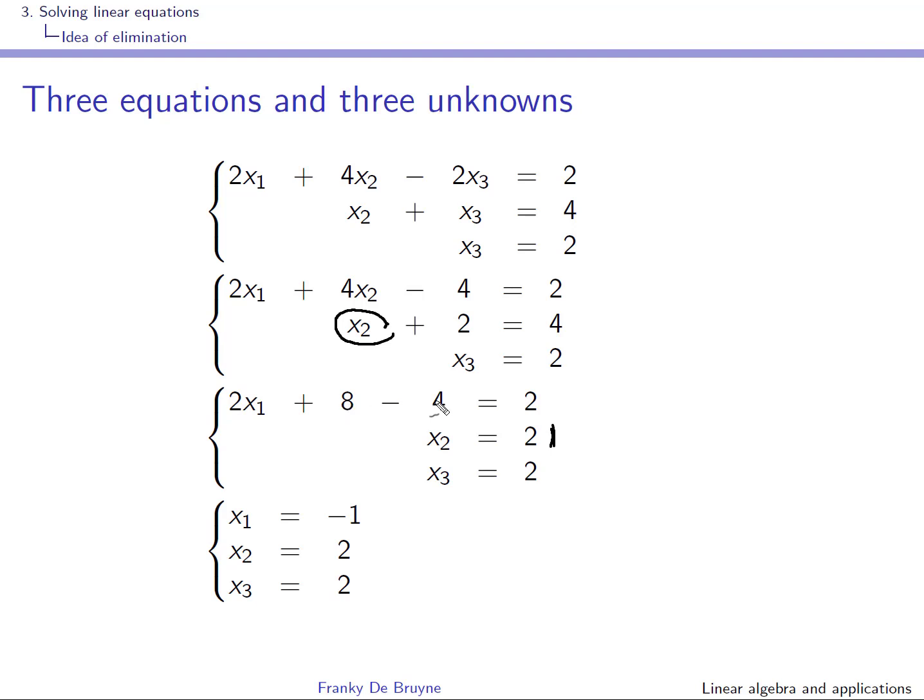Okay, so we take these terms here on the other side and we divide by 2, and if you do that, you find that x1 is equal to minus 1, and we have found the solution of our system of equations. In this case here, there is a unique solution. We'll do some more exercises and see that there of course are other cases where there are no solutions or an infinite number of solutions.